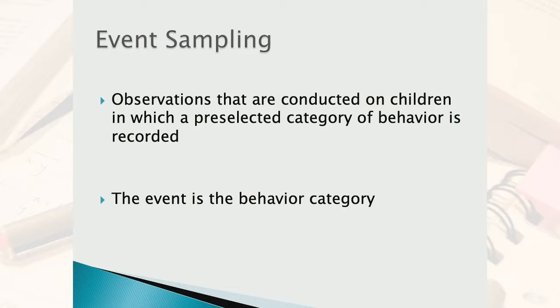When we look at event sampling, it's really looking at why a specific type of behavior occurs. You're going to document each time you see that specific behavior occur. Why you're going to want to do that is it's going to help you figure out what is causing that type of behavior.